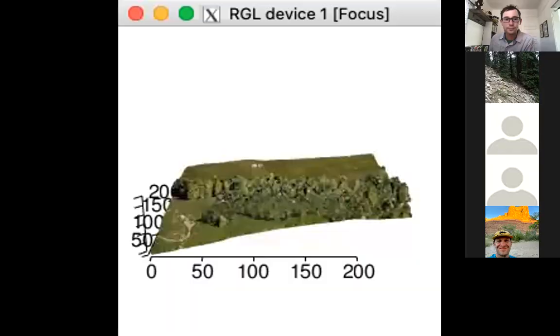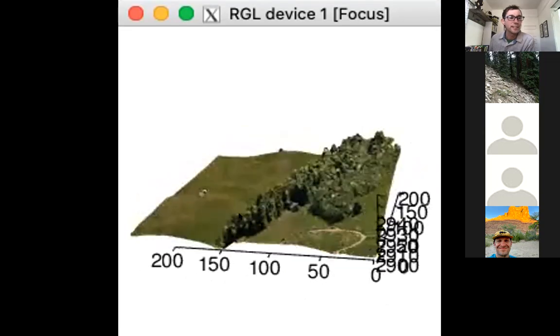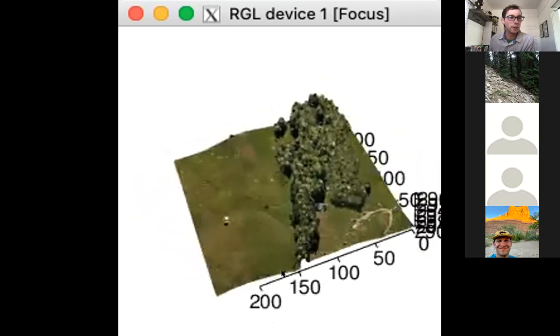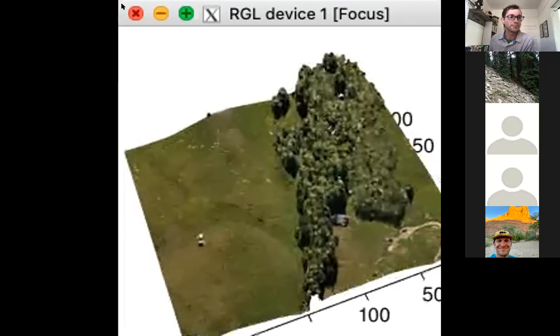So this is kind of a funny little plot, but we can manipulate the data kind of like we did in CloudCompare.